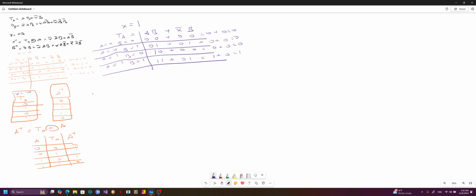Let's say x equals 0 here, x equals 1. We have the TA table for x equals to 1, right? So this one is going to be 0, 0, 0, 1.